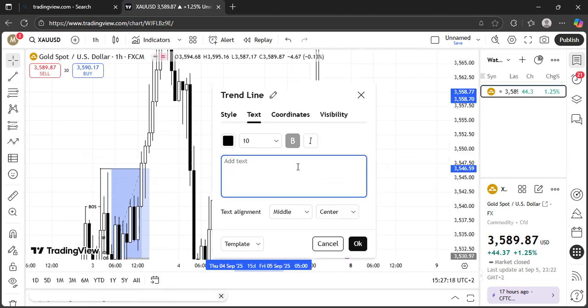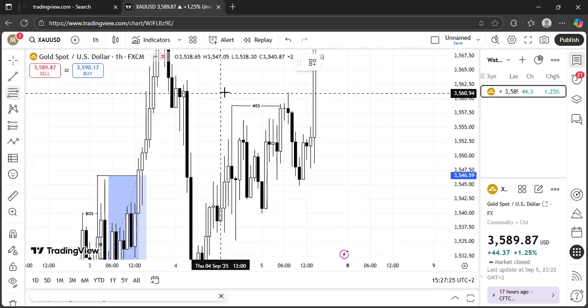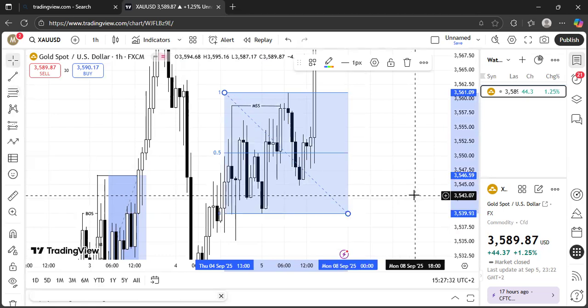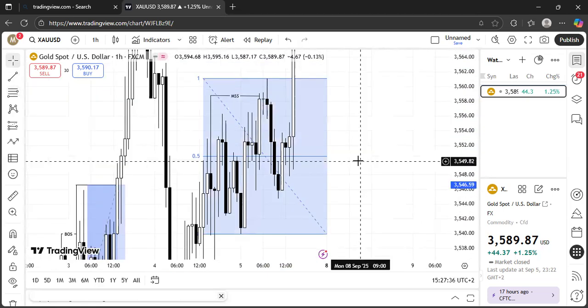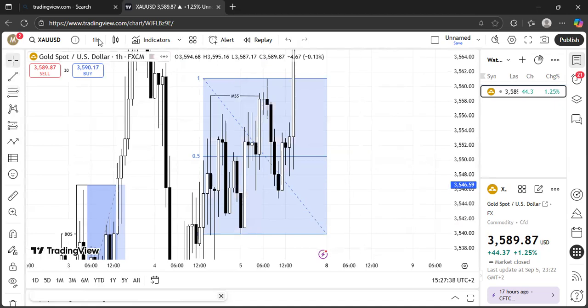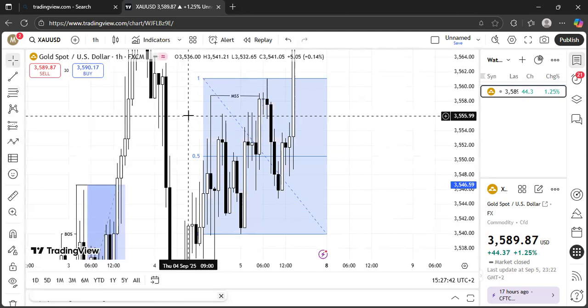So this would be our change of character, and then we have our high and we also have our low. Like I said, the 1 hour corresponds with the 15 minutes. So let's go to the 15 minutes and confirm.